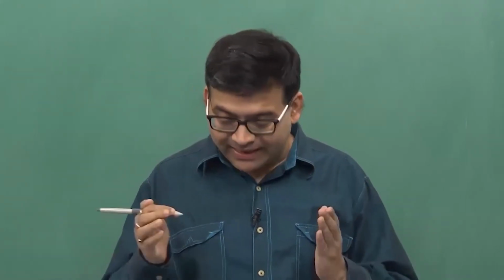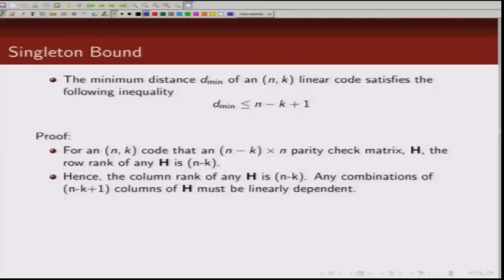That means any combination of n minus k plus 1 columns must be linearly dependent, because the rank is n minus k. So, they must be linearly dependent.